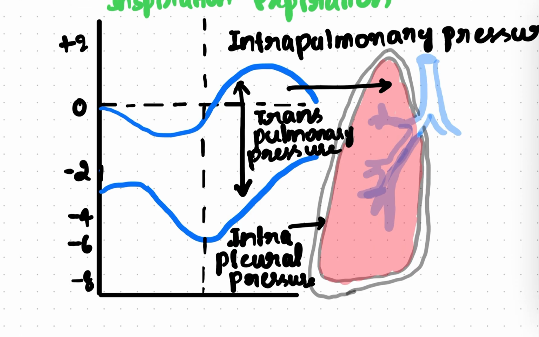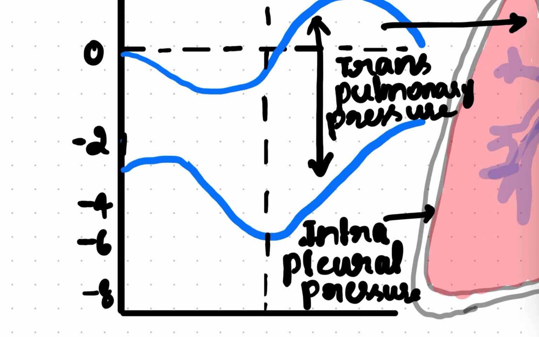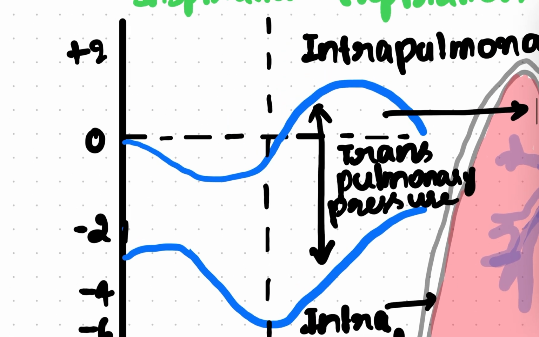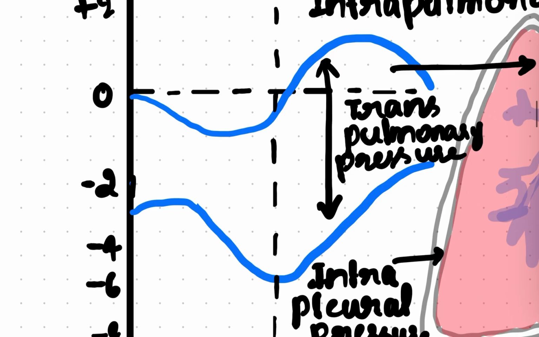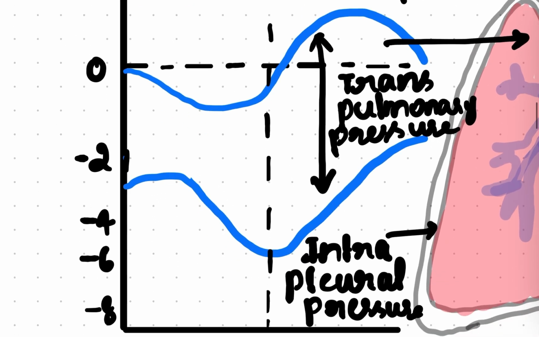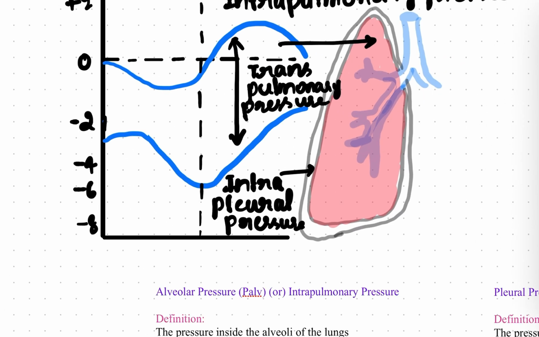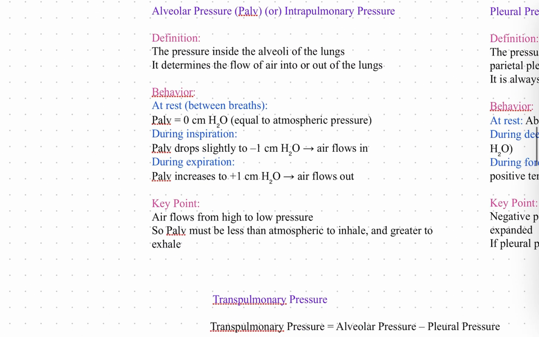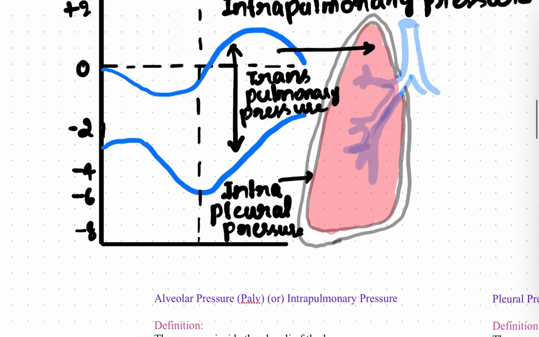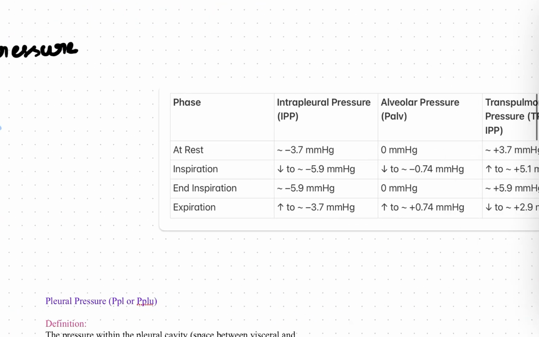Next, the intrapleural pressure is always negative. During rest and in inspiration it becomes more negative and it becomes less negative during expiration. And the transpulmonary pressure, which is the difference between the alveolar pressure and the pleural pressure, is always positive.